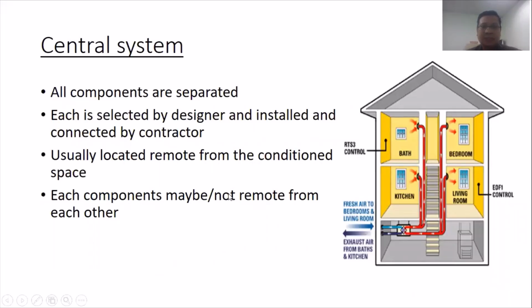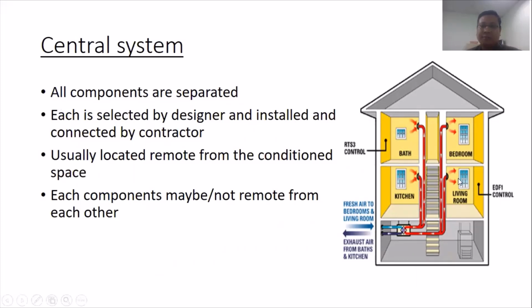Okay, you can see how the central system diagram works. This one is a home, a house. So we have maybe three levels of the house, for example. So all components are separated. You can see maybe components in every room.